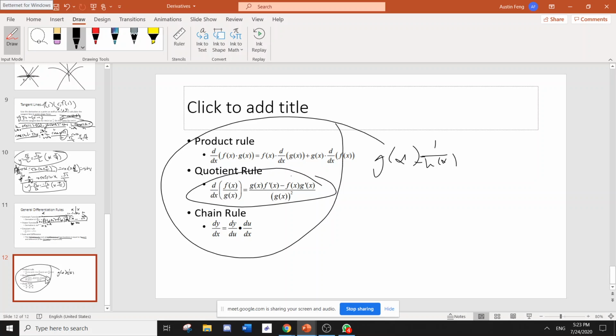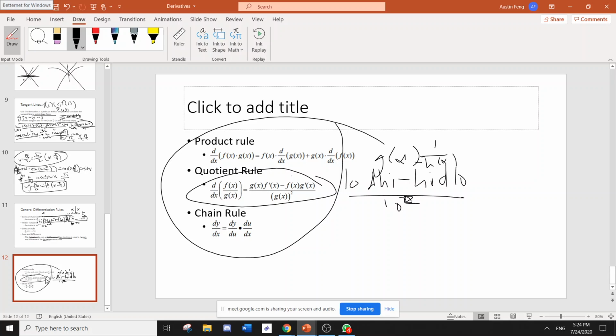We don't have enough time to derive it, but essentially how people memorize it is low d high minus high d low over low squared. It's a weird way to memorize it, but it definitely works.